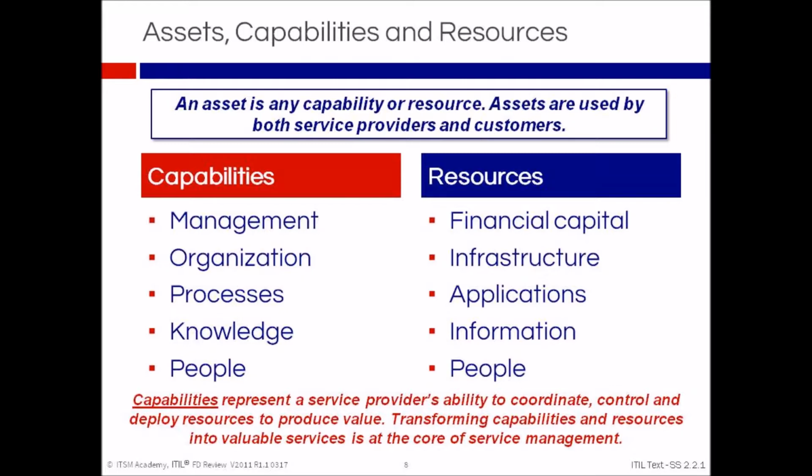So both capabilities and resources are viewed as assets. Service providers have assets, but customers have assets as well. In order to use the services that the service provider is delivering, they've also got to have those experienced or more intangible capabilities, and they've got to be adequately resourced.